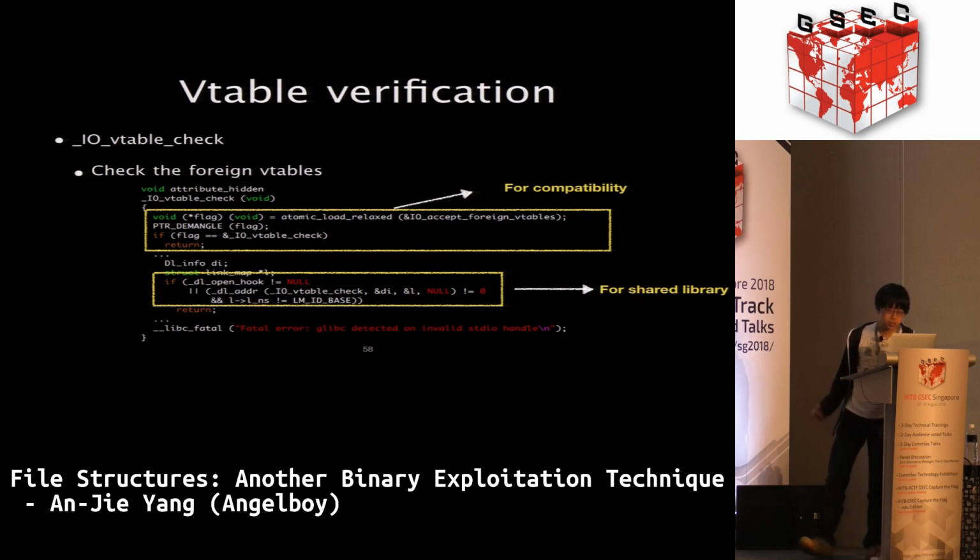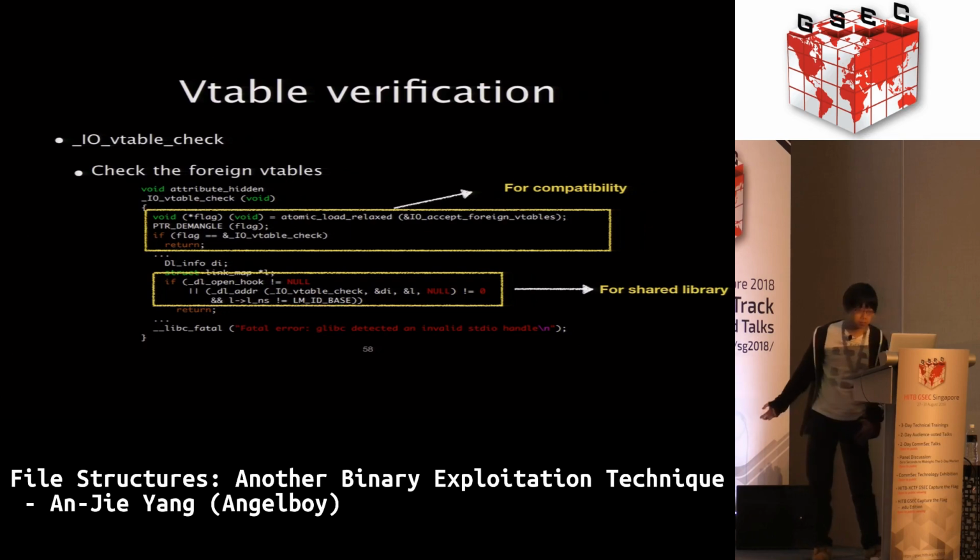There are two checks. The first one is to check if it is for compatibility. And the second one is to check if it is for a shared library from dlopen. Neither of them will terminate the program. So can we bypass it?